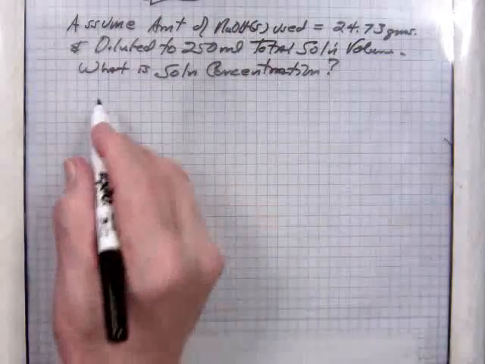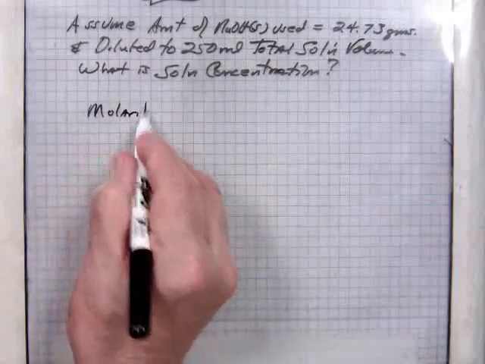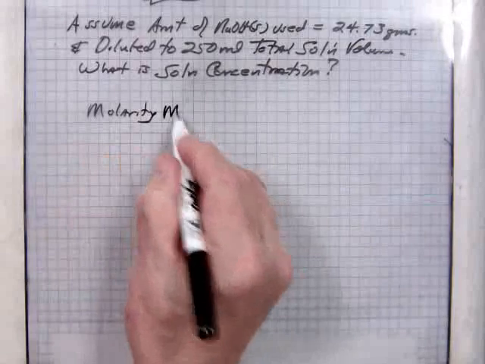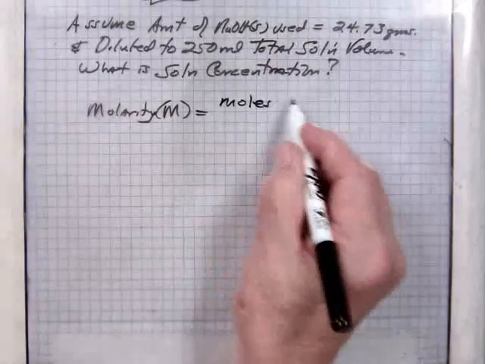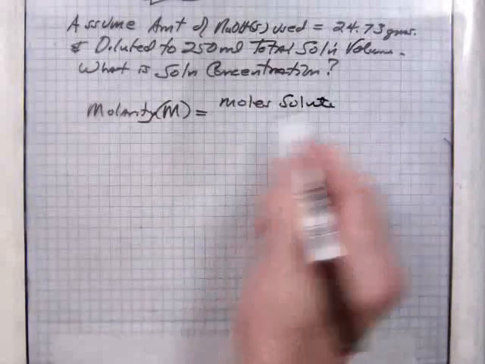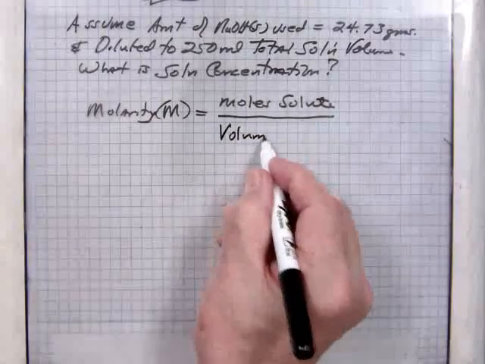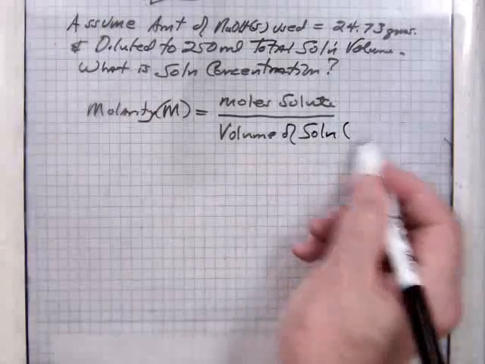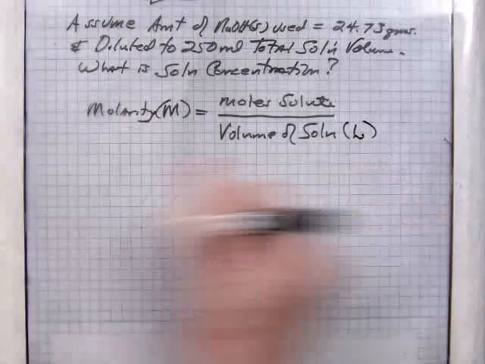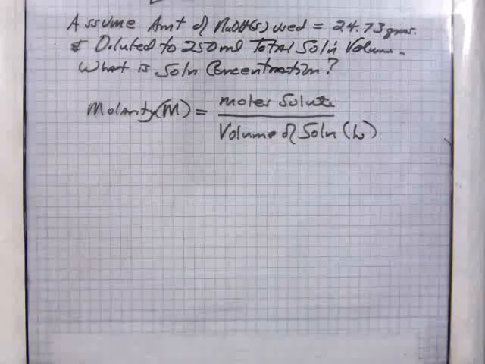Concentration in molarity terms, and use a capital M, is moles of solute divided by volume of solution expressed in liters, is what the definition is, moles per liter.